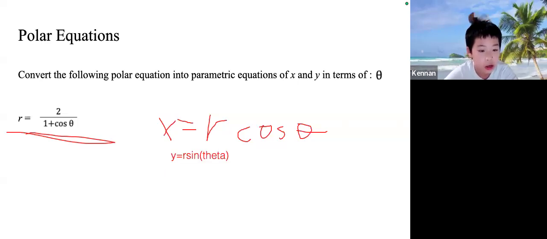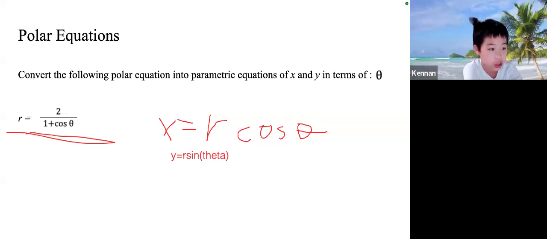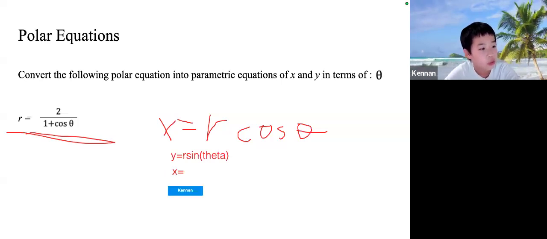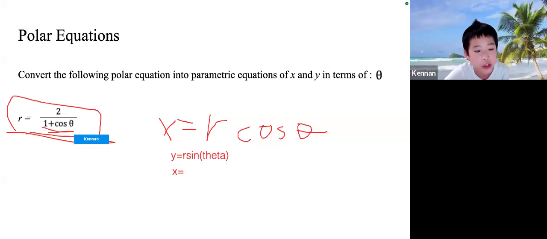So then let's substitute the expression we have right now into the formula. First of all, we know that r equals 2 over 1 plus cosine theta here.